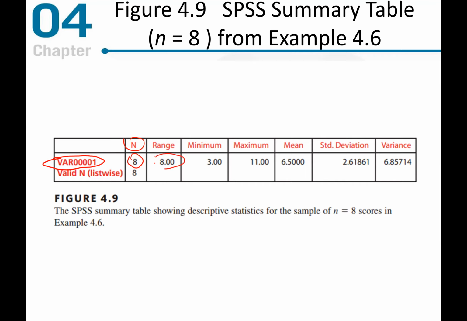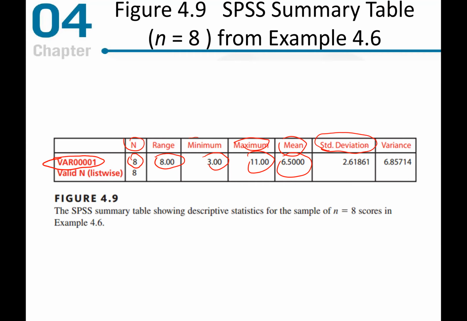This is the range. We didn't go over the range, but that's another measure of variability. This is the lowest score, the minimum, and this is the highest score in your distribution of scores. Here is the mean. This literally says mean. And when you're talking about the standard deviation, it's Std.